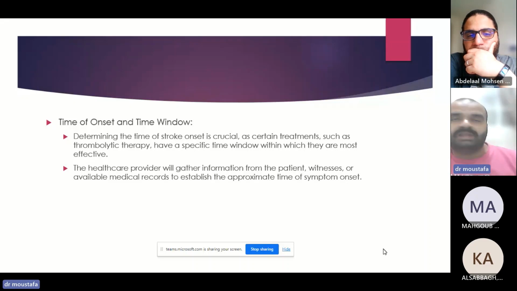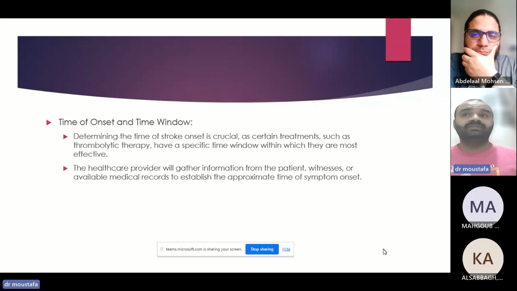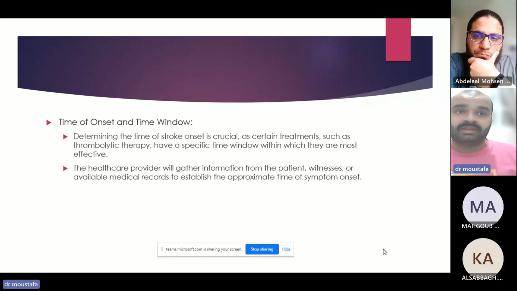Not from the time he came to the hospital, but maybe from the time that his wife, for example, noticed it, or even the patient was asleep and when he woke up, he found these symptoms. Unfortunately, we can't determine the time in this case.